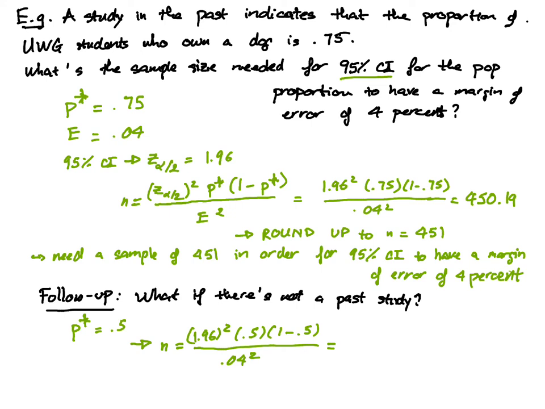If you do the math here, you get 600.25 as your answer. Again, we always round up, so the answer is we're going to need 601 observations in our sample.